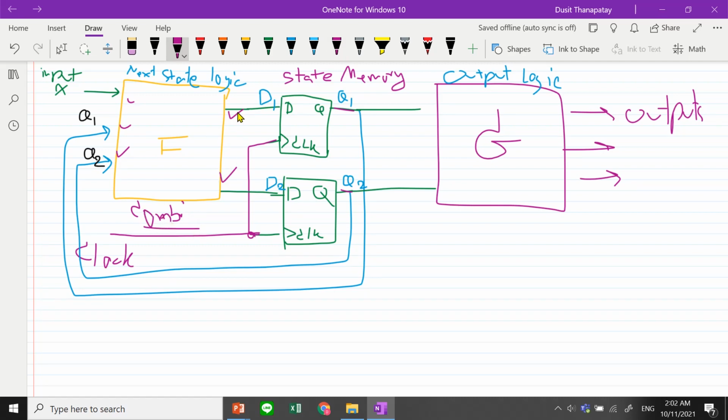So that means if you know the numerical value of output and input, like a truth table, you can design or determine or find out the equation for each output of F. That means you can draw the circuit diagram and implement circuit F easily.